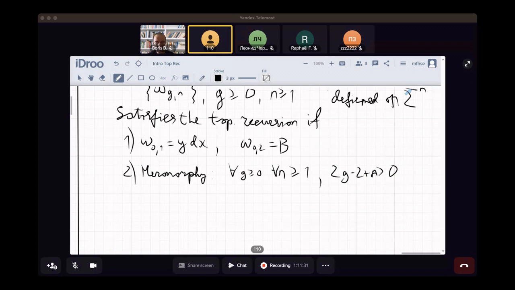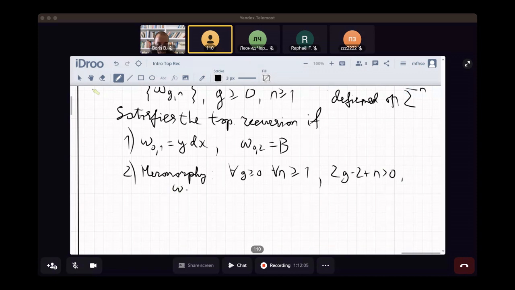So what does this condition correspond to? When is 2g minus 2 plus n greater than 0? In all cases apart from those two, right? So whenever (g, n) is not equal to (0, 1) or (0, 2). Is it clear?